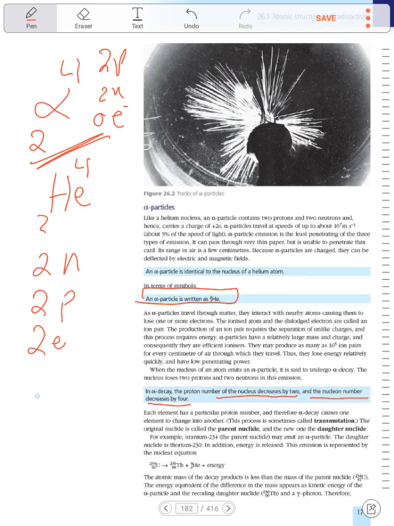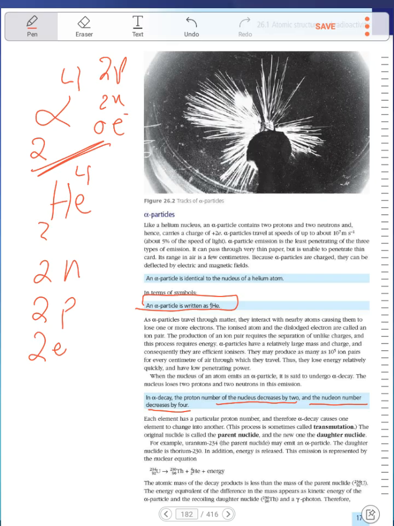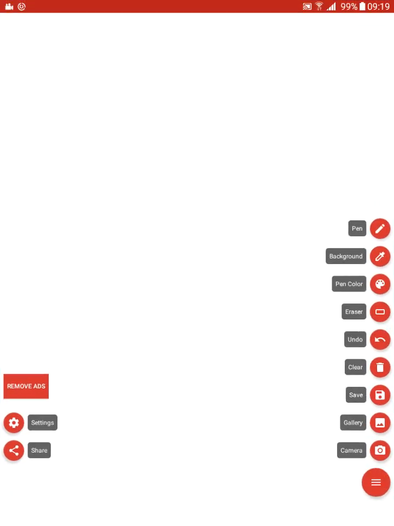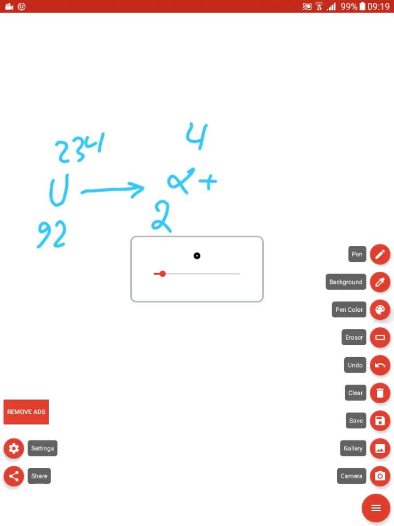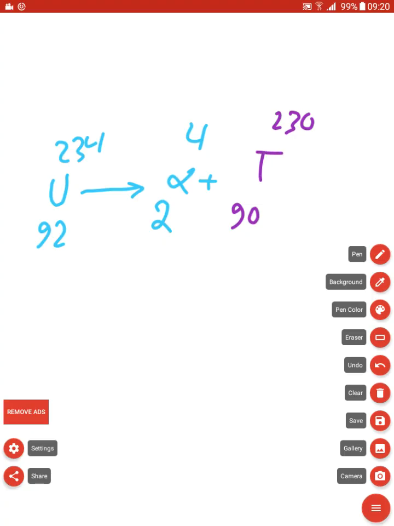Let's see. If we have uranium 92, 234, it gives us alpha or helium 2, 4 plus a new element which consists of 90 protons and 230 nucleons, which is thorium.